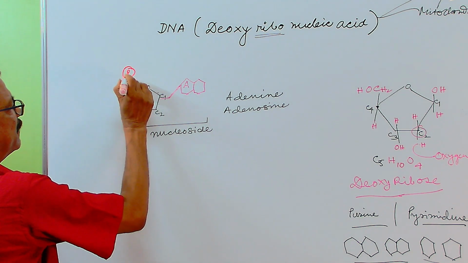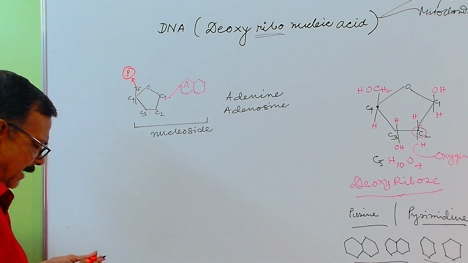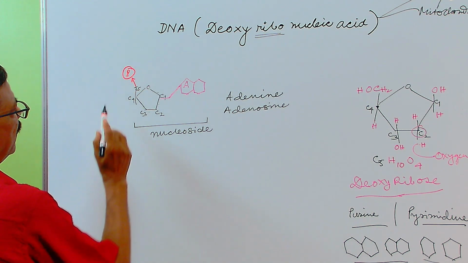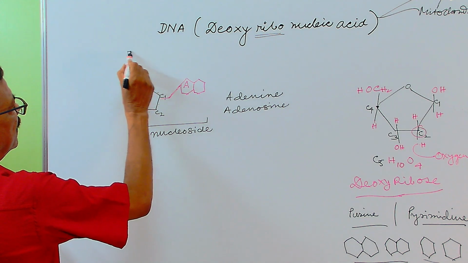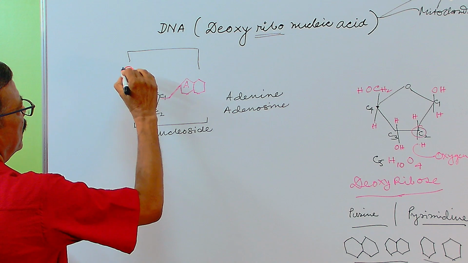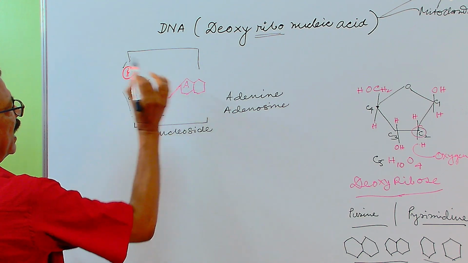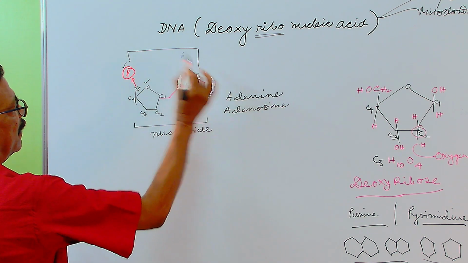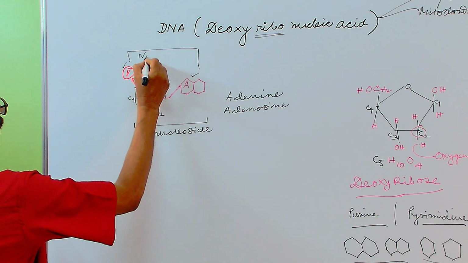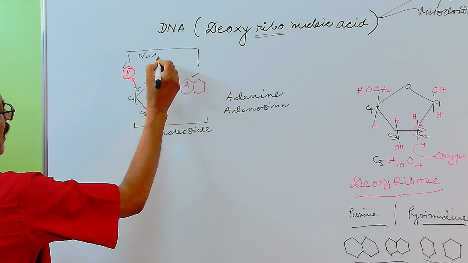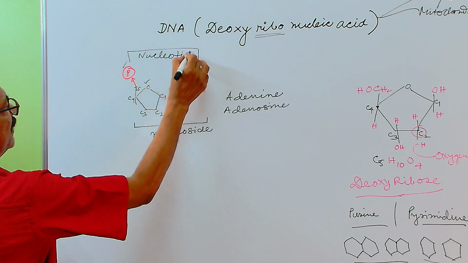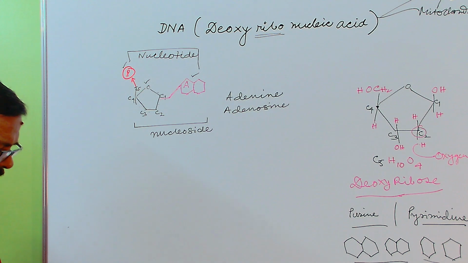Phosphate, sugar, and nitrogenous base, the three are collectively called nucleotide.